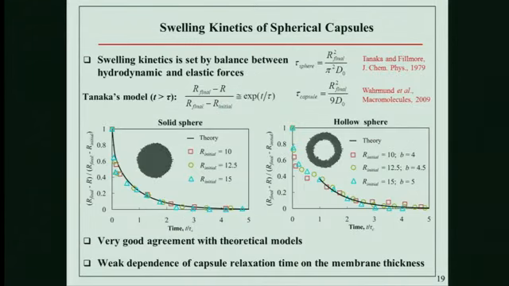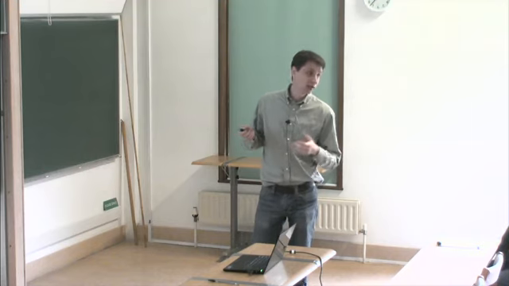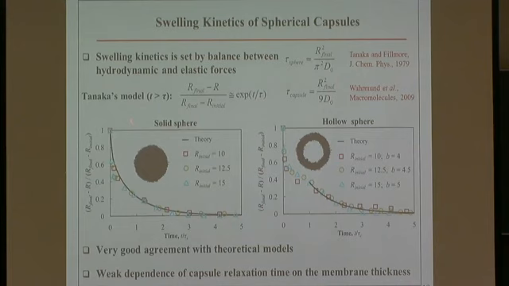So we can validate this approach by comparing the swelling kinetics of the gel with experiments and the theory. This is for a sphere, a spherical particle, this is Tanaka's model, and here we show how the radius changes in time, right?